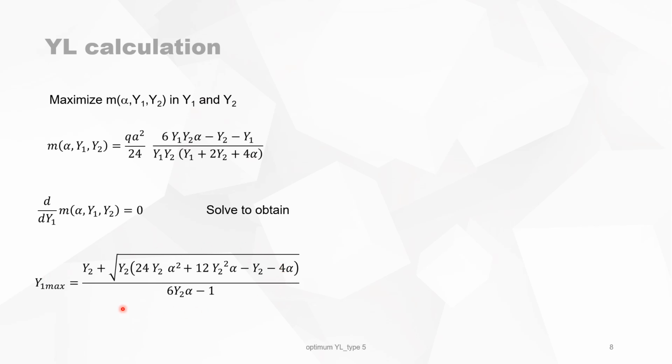So this is the expression of y1 max. Then we can substitute y1 max in this formula here. And then we have a function which is a function of alpha and y2, where y1 is already maximized. So I call it MM.